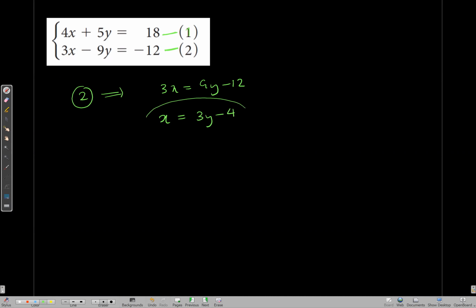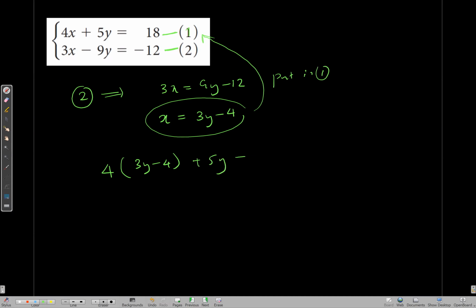Now I will put this back in 1. You have to put it back in the other equation because you just solved it from the second equation. Now you have to put it back into the first equation. So 4 times 3y minus 4 plus 5y equals 18.